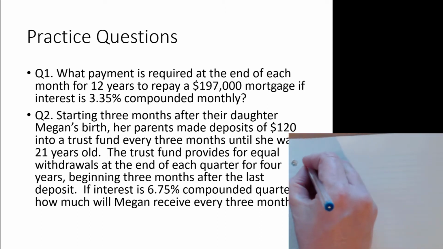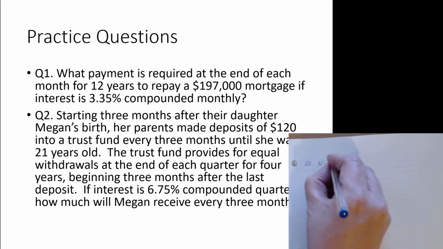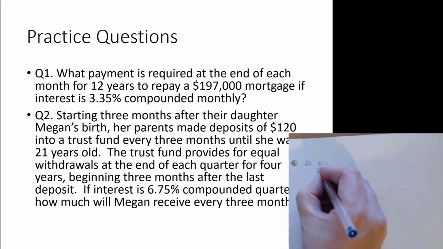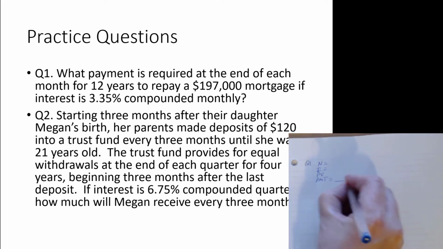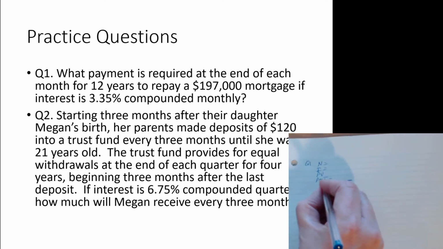So we start thinking all our basic values for that annuity: n, interest rate, present value, payment, which is what we're looking for, future value, how many payments in a year, how many compoundings in a year. So all our standard stuff right now.